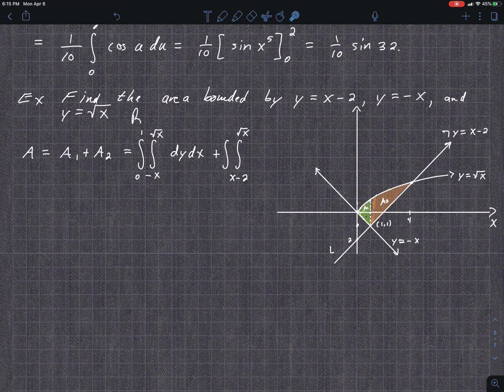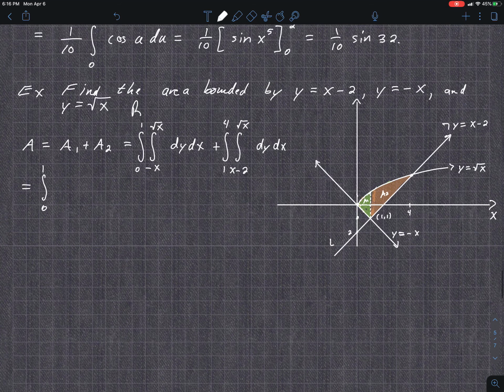So that is as well root x. And now you're going from 1 to 4. And again, that's dy dx. So when you evaluate, you just get y, and then you subtract the limits of integration.